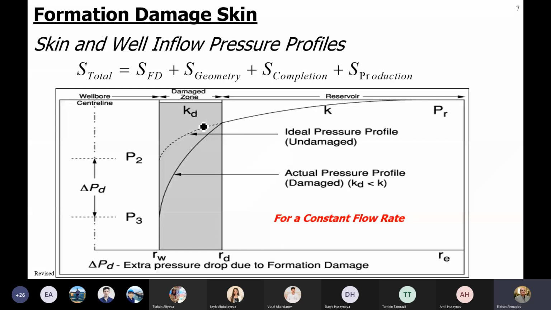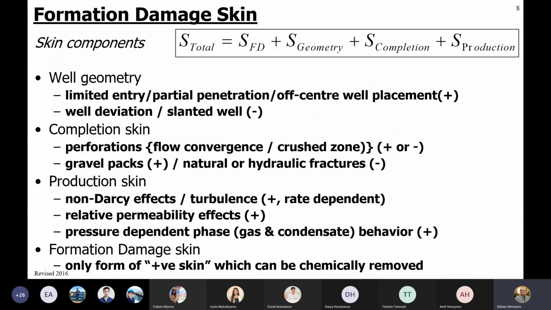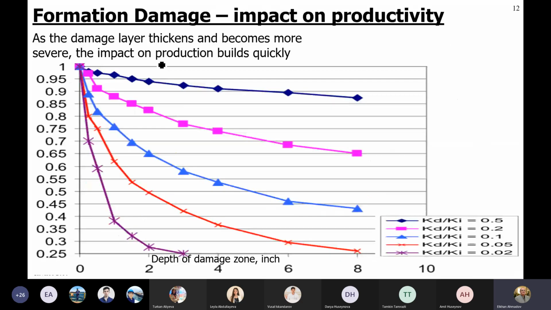And if there is damage in the near wellbore zone, then this might be much more severe, and it might even stop production. As you can see from this chart, severe damage at different depths may cause even 75% or 80% reduction in the well productivity.